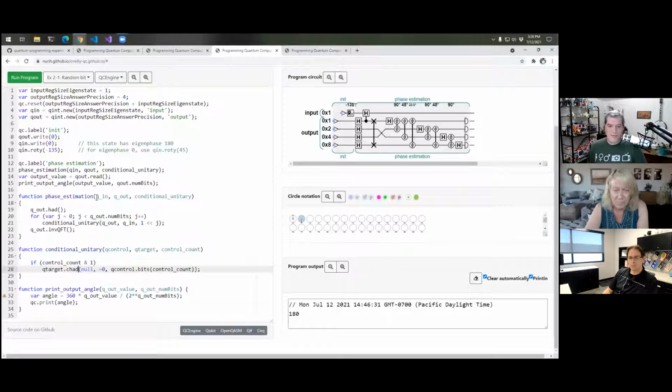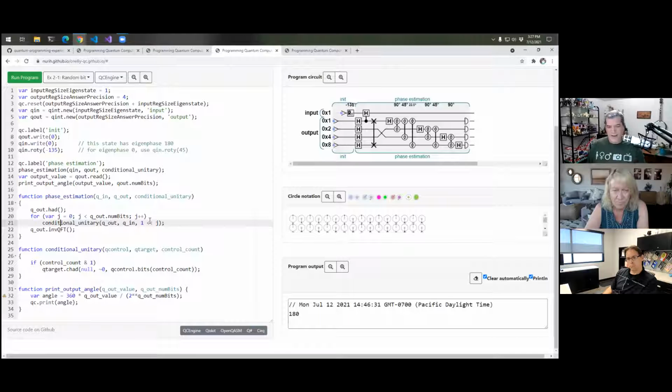Looking at this, this phase estimation does take an input register, an output register, and then the function. I didn't try to go too far into exactly what this is doing, but initially we do an H on the output register, which is this right here. So all 4 of our qubits. And then there's a for loop that then runs the conditional unitary.